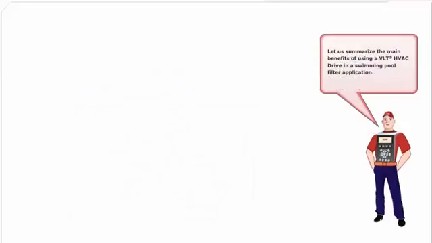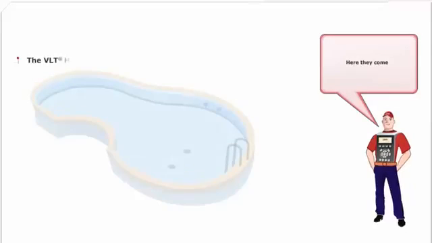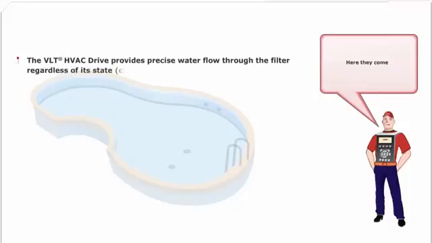Let us summarize the main benefits of using a VLT HVAC drive in a swimming pool filter application. Here they come. The VLT HVAC drive provides precise water flow through the filter, regardless of its state, clean or clogged.